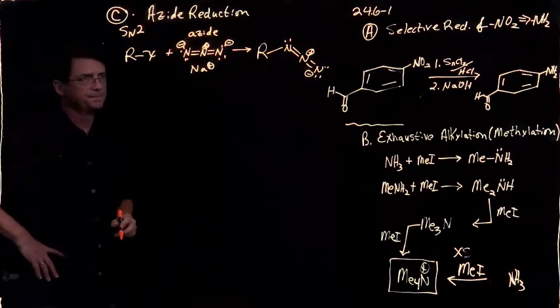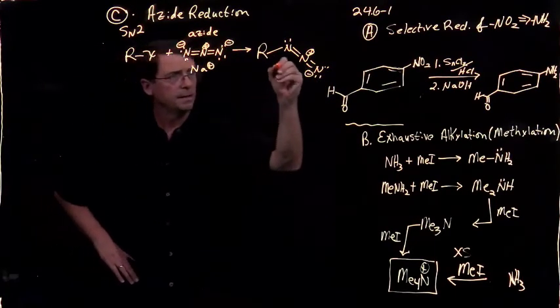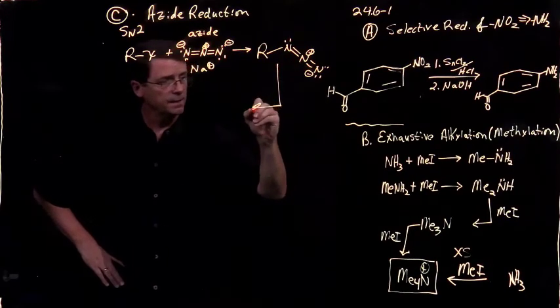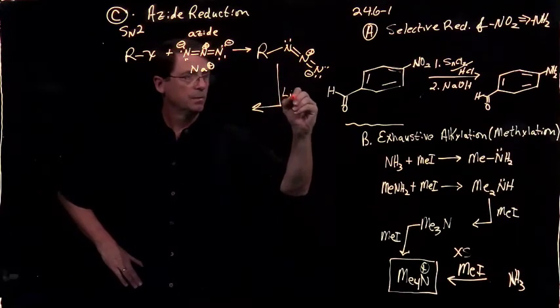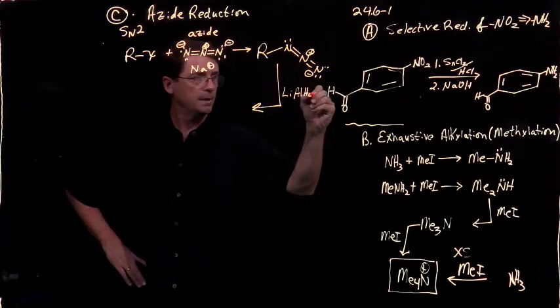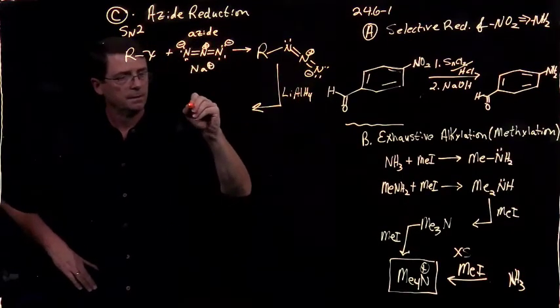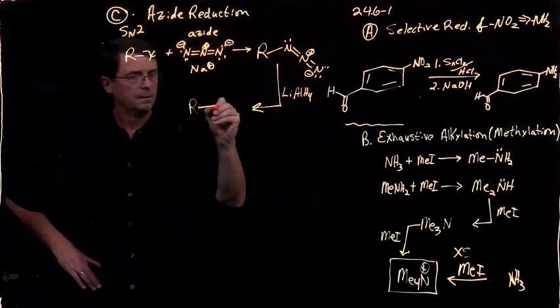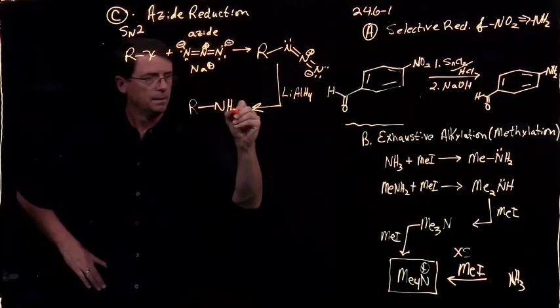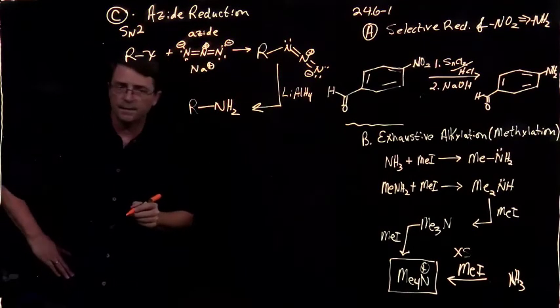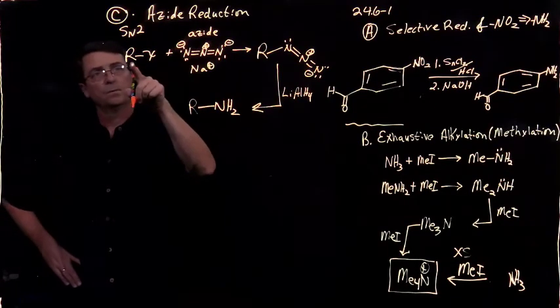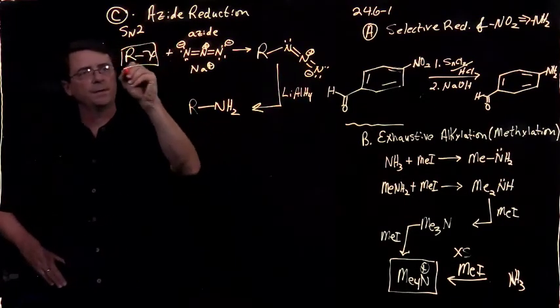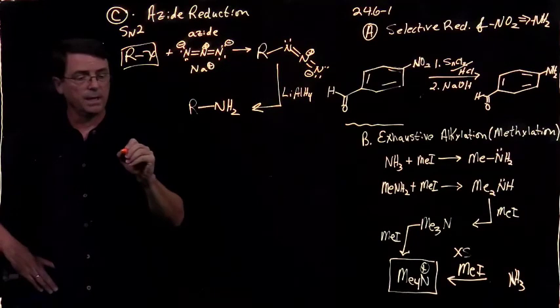the azide. Then the azide can be very efficiently and easily reduced with lithium aluminum hydride to the amine. And this reaction works very well. Again, remembering we have to be able to do an SN2 reaction.